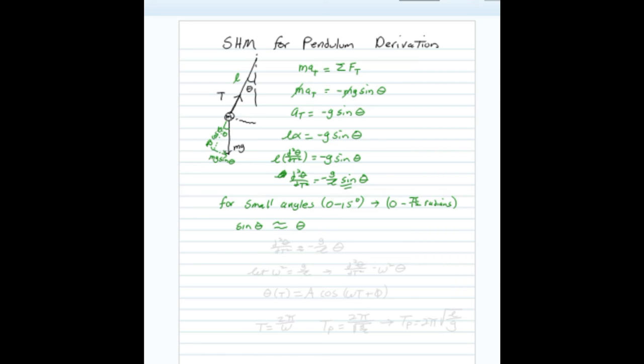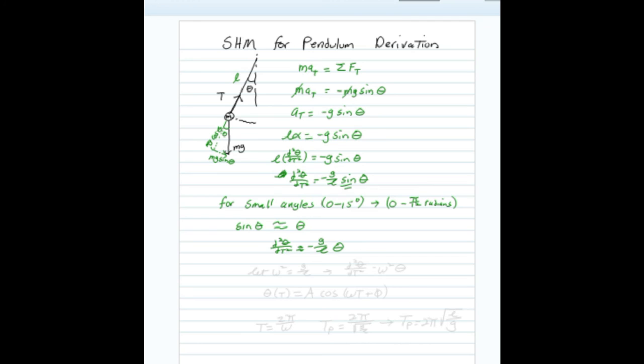So if this is true, then for small angles, we could write this instead. It's approximately equal to negative g over L times theta instead of sine of theta. Now we know that something like this is simple harmonic motion because we've already solved a differential equation like this.